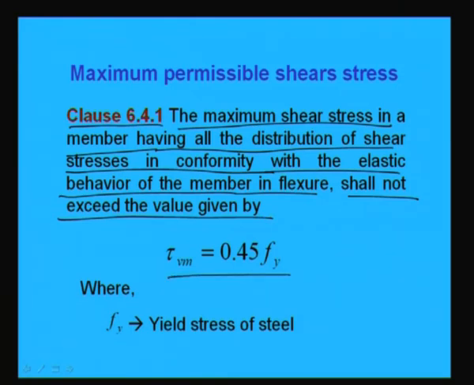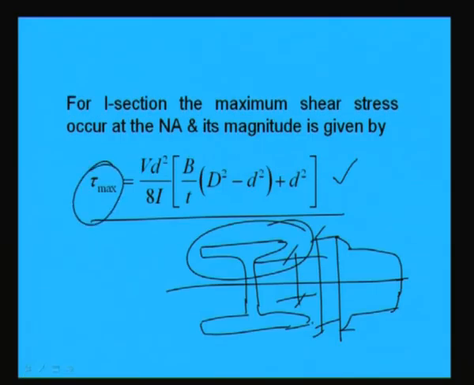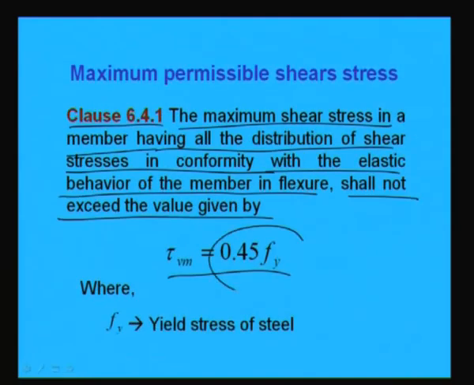That means the maximum shear stress we calculate should not exceed 0.45 Fy, where Fy is the yield stress of the steel. So, tau Vm, the maximum allowable shear stress, will be 0.45 Fy, and we can calculate the maximum shear stress and accordingly check.